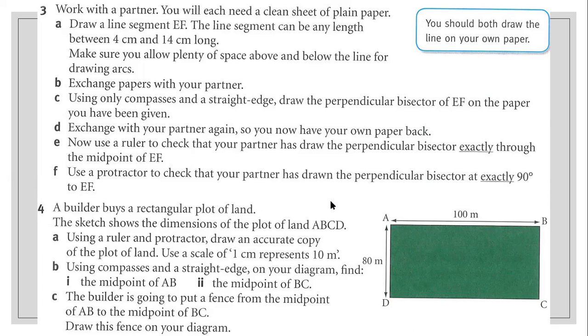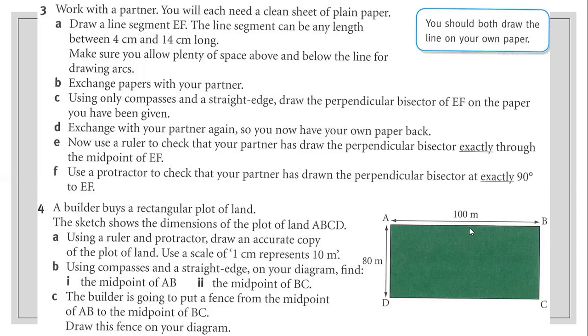Now the next one: the builder is going to put a fence from the midpoint of AB to the midpoint of, I think, BC. Let me move this one. Okay, midpoint of AB to the midpoint of BC. Draw the fence on your diagram. Here, he will draw a fence.